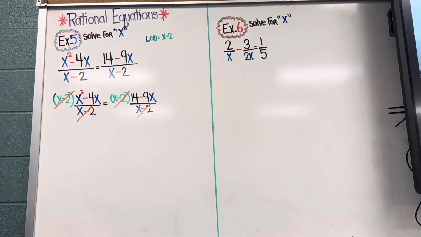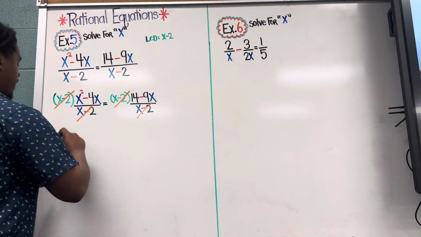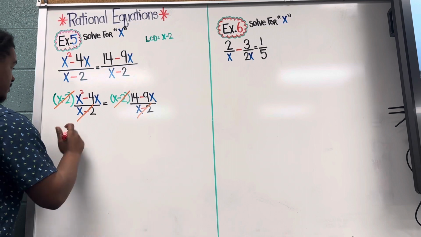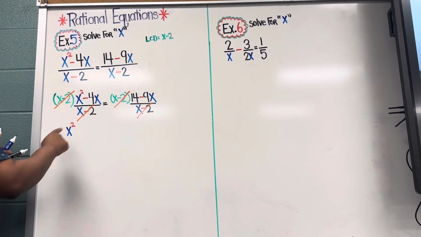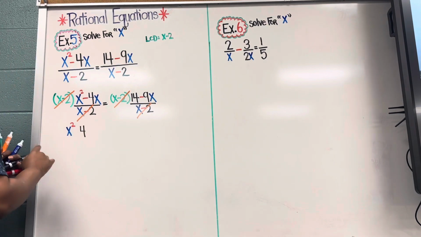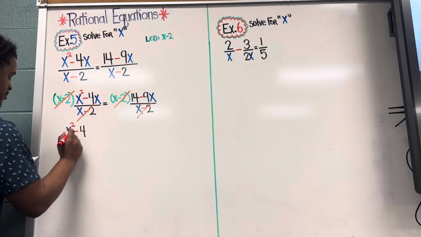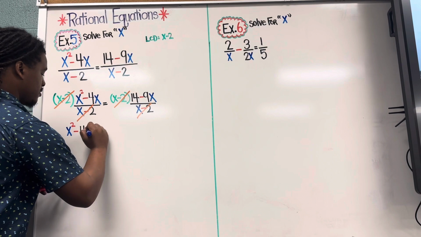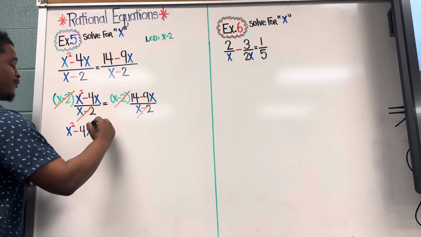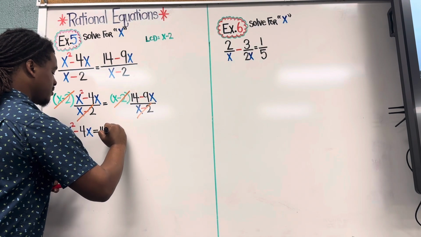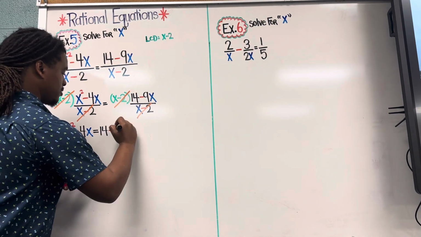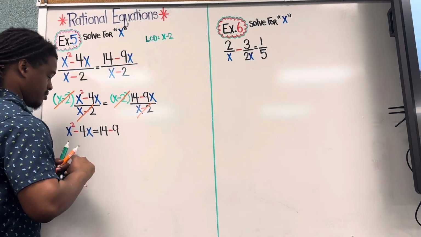So we're going to cancel those two parts out, guys, and now all we will have is x squared minus 4x equals 14 minus 9x. Okay.